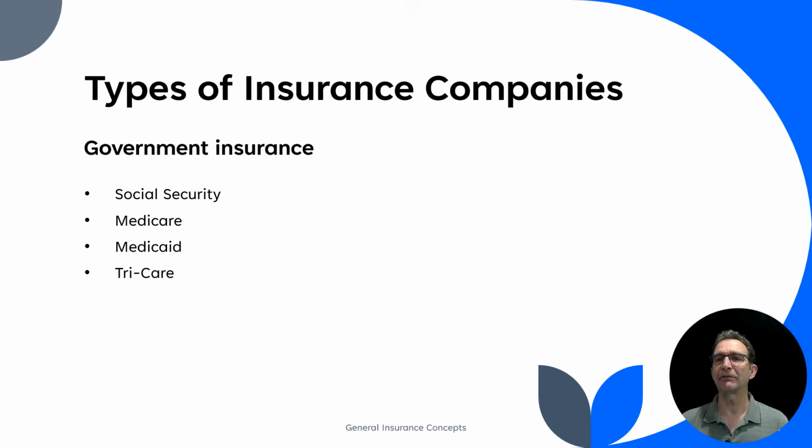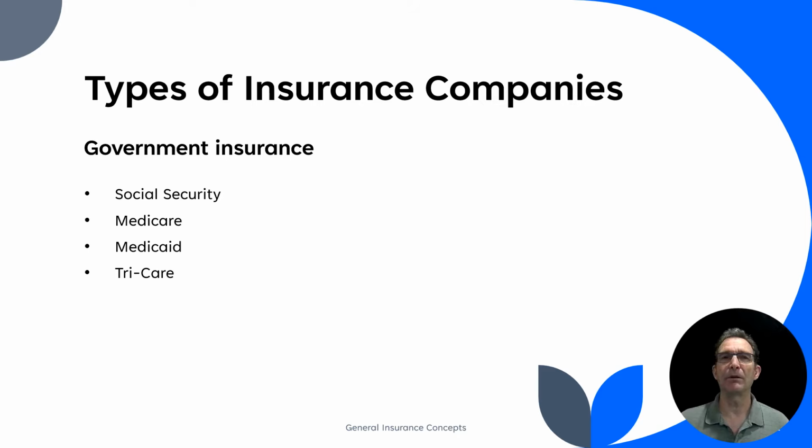Next, we have government insurance, and I think most everybody is going to be familiar with this in one form or another. I think everyone's heard of Social Security. That's government insurance. It's a kind of insurance that was supposed to be guaranteed once you hit a certain age, protecting people in post-retirement, typically.